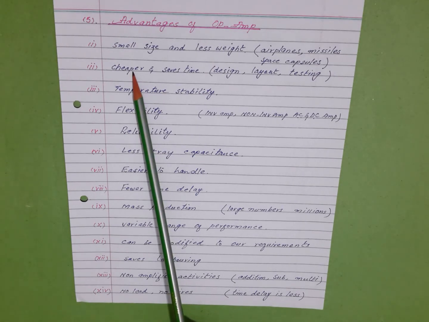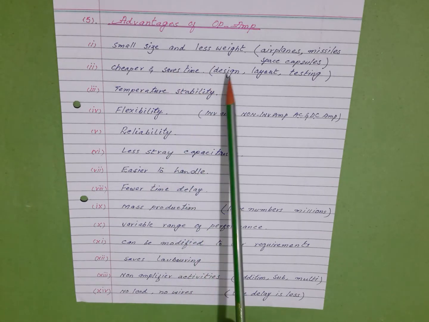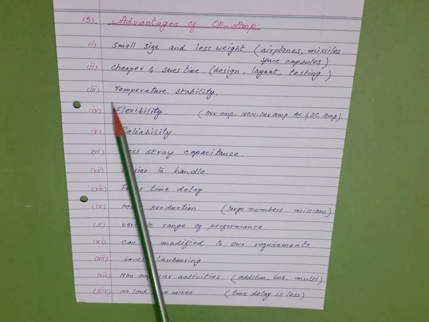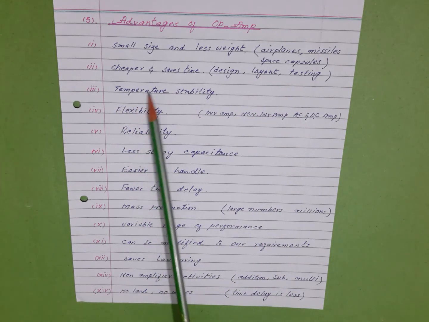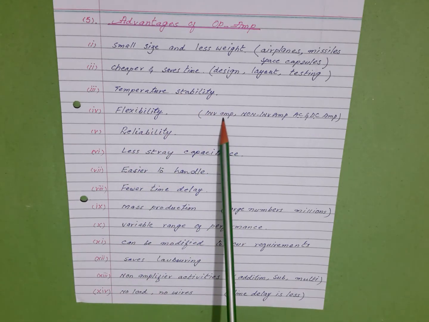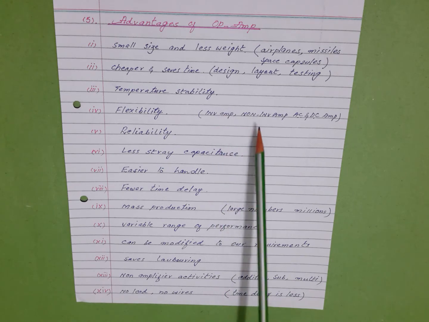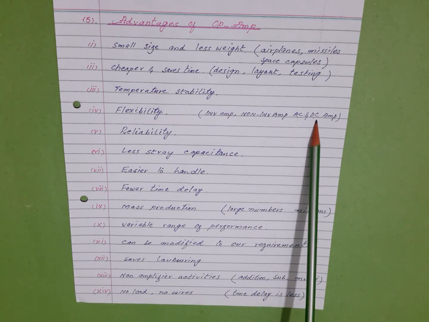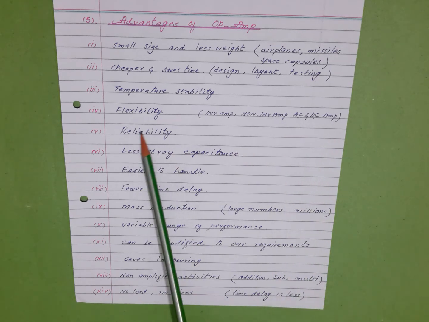Op-amp is cheaper, saves time in designing, in the layout of the circuit and testing, has temperature stability and flexibility, and can be used as an inverting amplifier, non-inverting amplifier, AC amplifier, DC amplifier. Reliability: it is reliable.